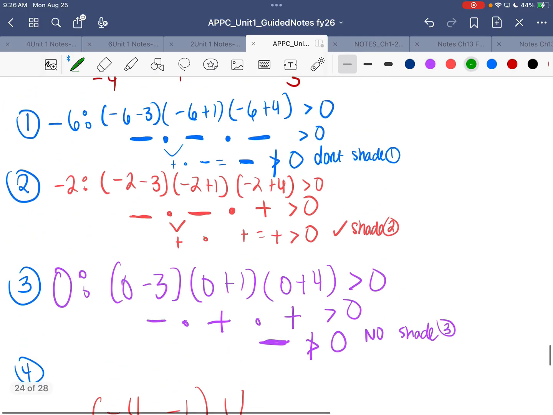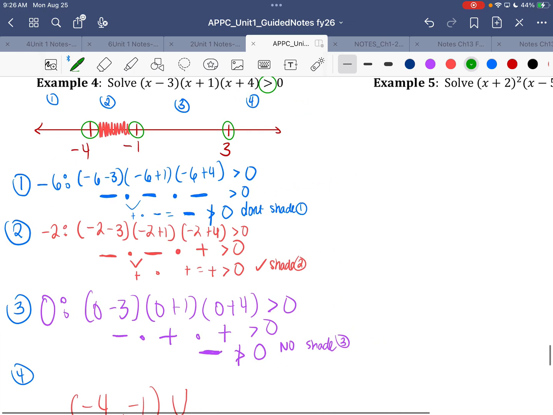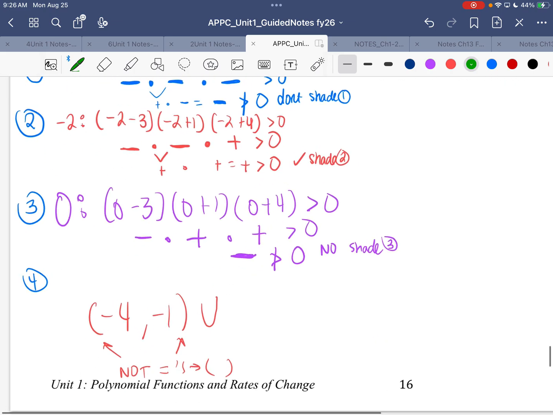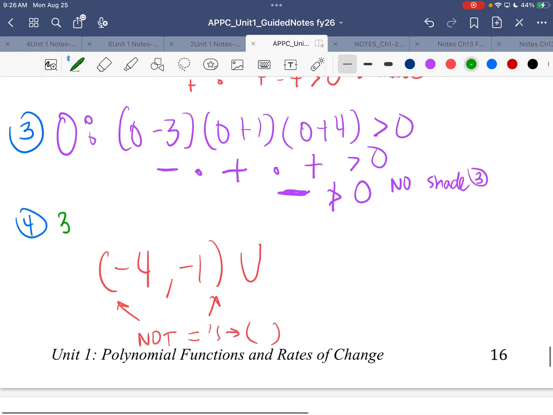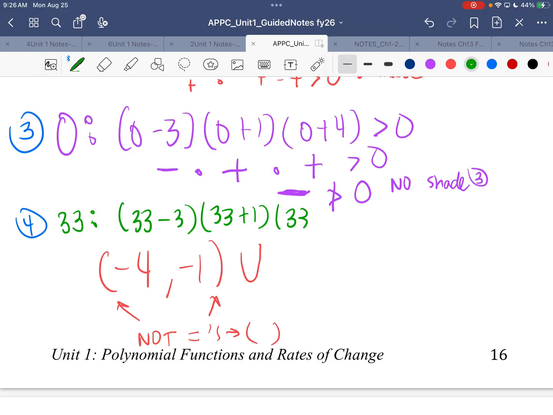All right, last but not least, pick your favorite number bigger than 3. I'm going to pick 33. That's my favorite number. 33 minus 3. 33 plus 1. 33 plus 4.